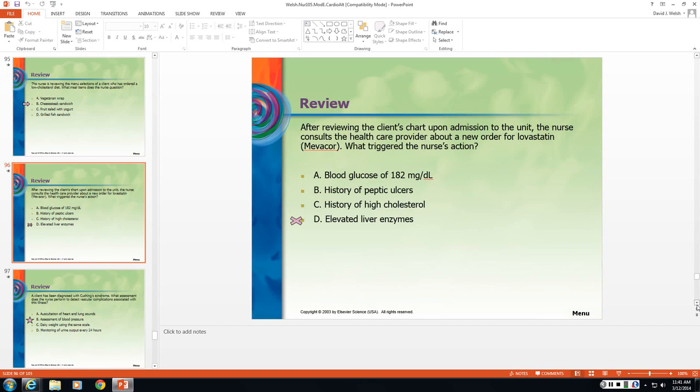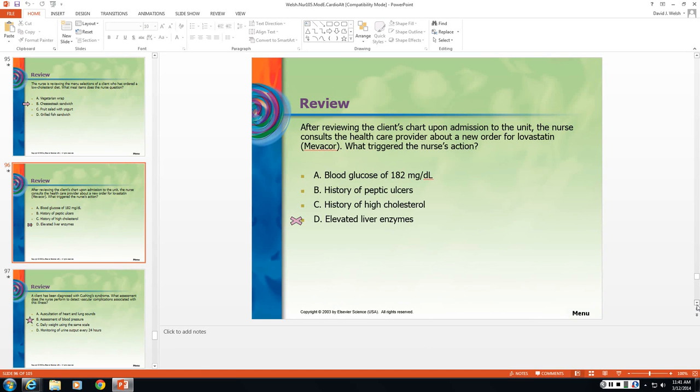Okay. After reviewing the client's chart upon admission to the unit, the nurse consults the healthcare provider about a new order for lovastatin or Mevacor. What triggered the nurse's action?